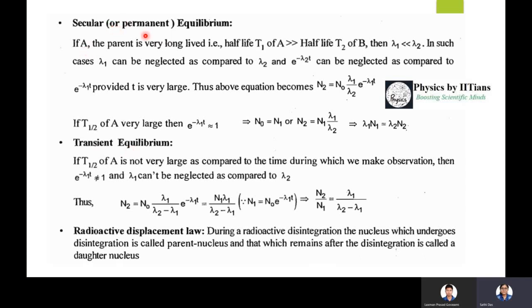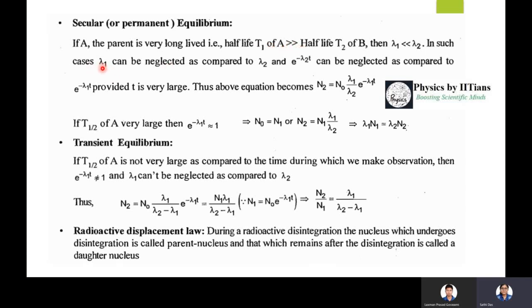For secular or permanent equilibrium, suppose the parent nucleus A has a very long life, that is, the half-life T1 of atom A is much greater than the half-life T2 of atom B. Then lambda 1, the disintegration constant of A, is much lower than that of B, because the life of A is much greater.